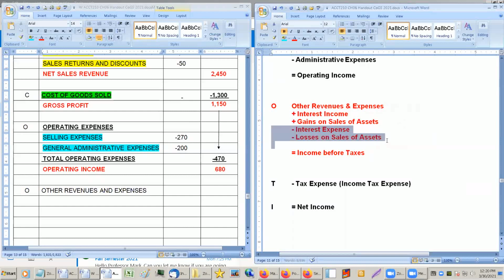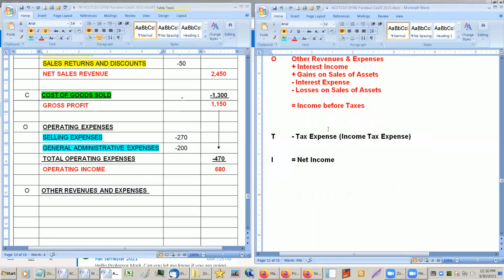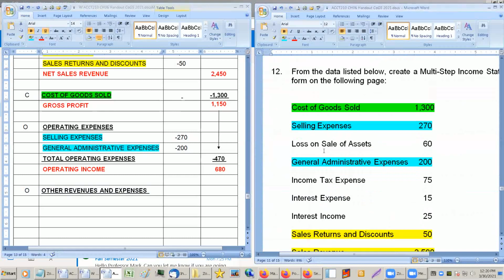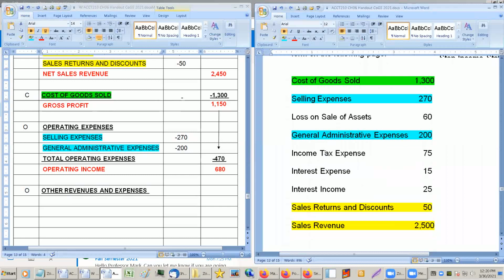Interest expense and losses will be minuses. And losses are on the sale of assets, and I'll talk about that in a second. That's the one we're looking at, the other.